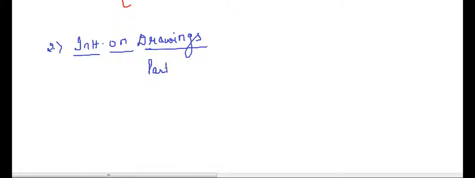We will say partners' capital or current account debit. Why? Because they are our debtors now. And what will be credited?